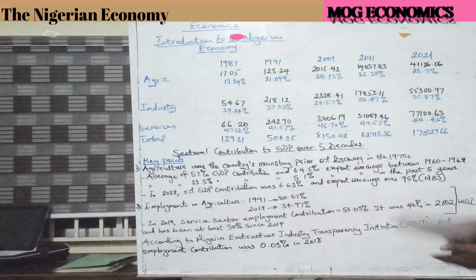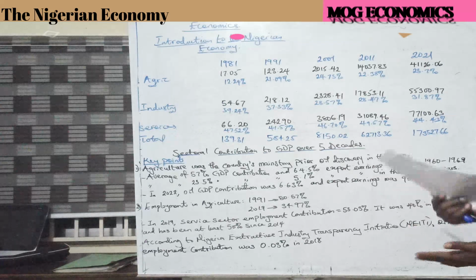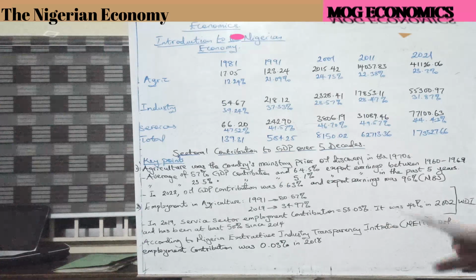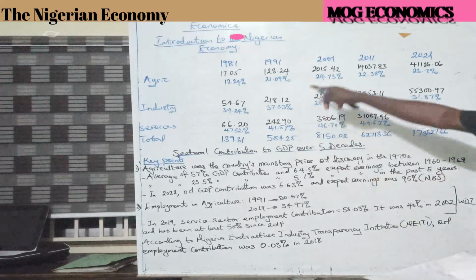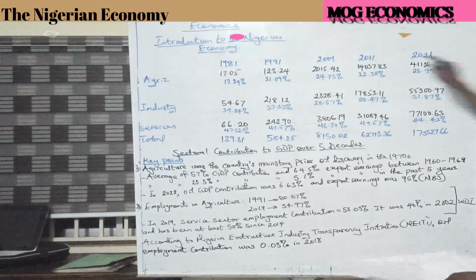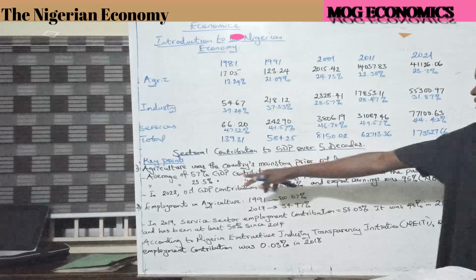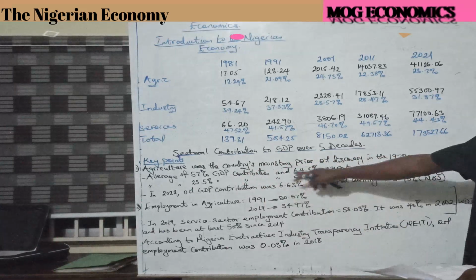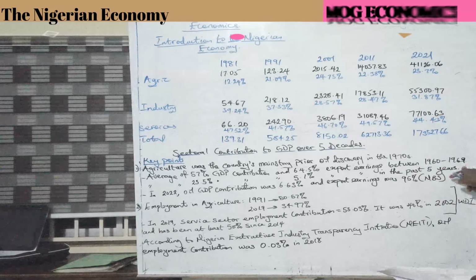So agriculture was the country's mainstay prior to oil discovery in the 1970s. The average contribution to GDP of the agricultural sector was 57%, with 64.5% export earnings between 1960 and 1969.